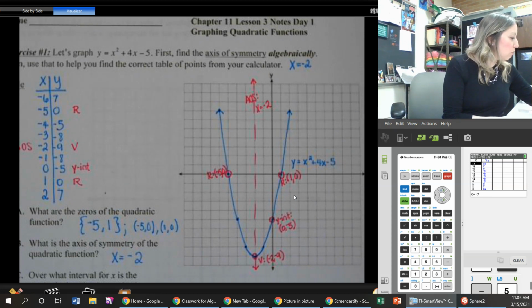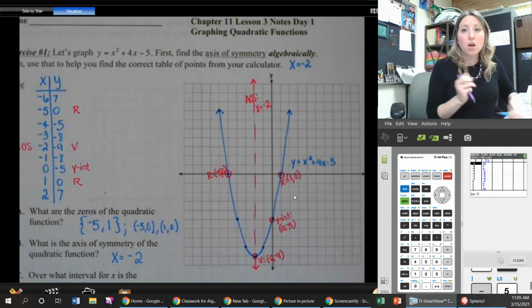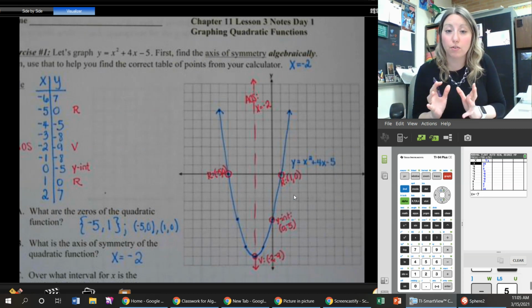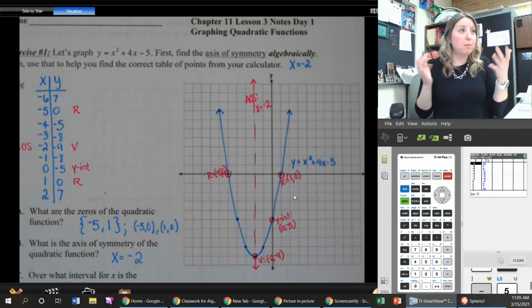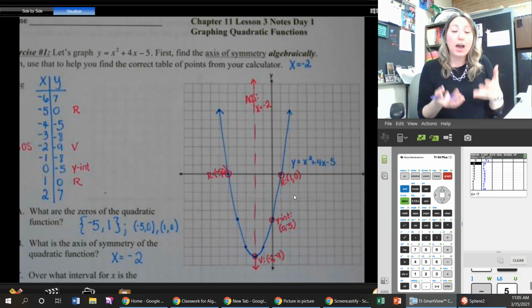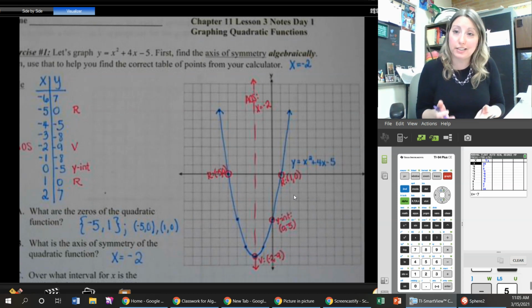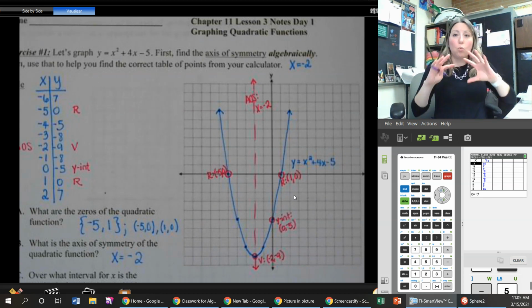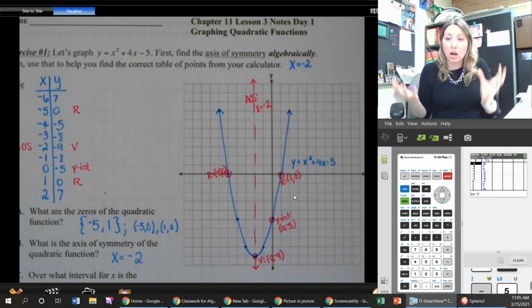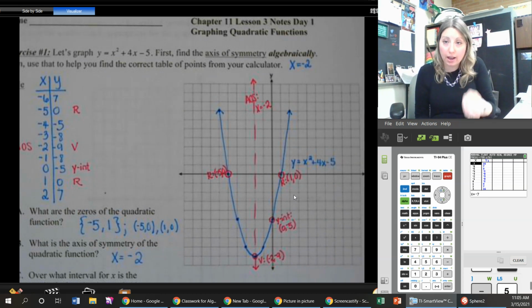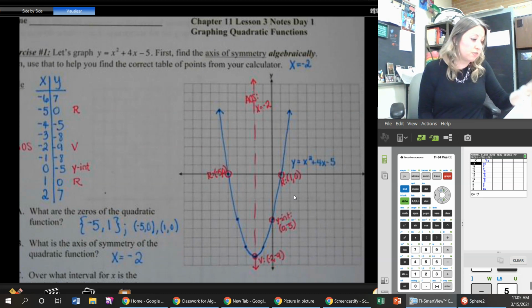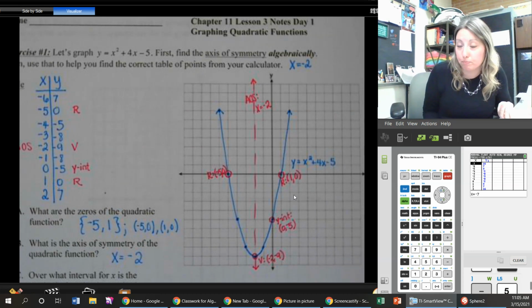So this is an interesting concept, as we know, the whole increasing, decreasing intervals. And since a parabola, a quadratic function, has a distinct bottom or a distinct top, we base this on the x value that is our axis of symmetry x value, which in our case, in this example, is -2.